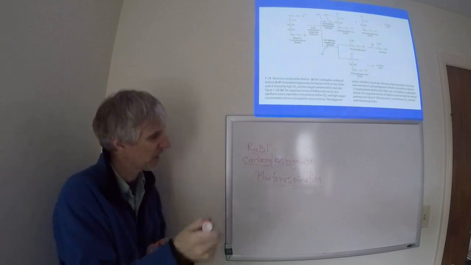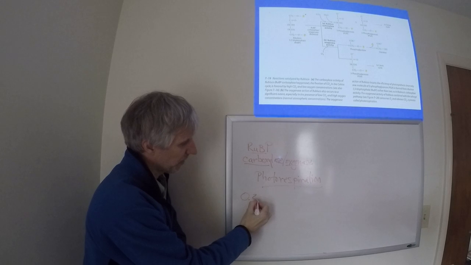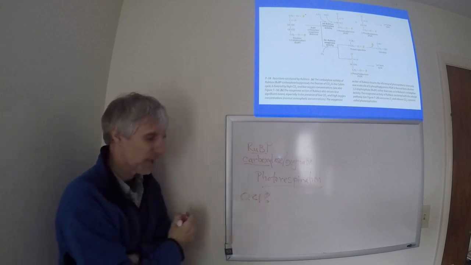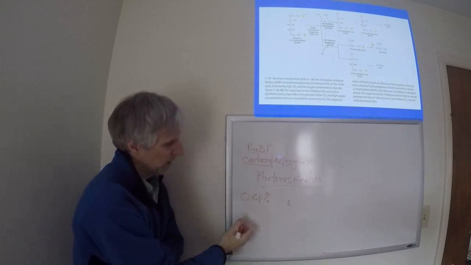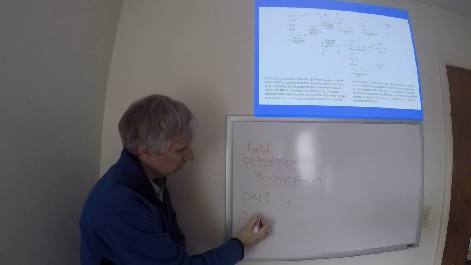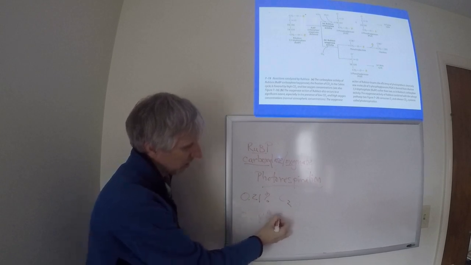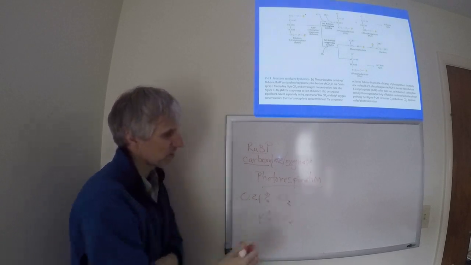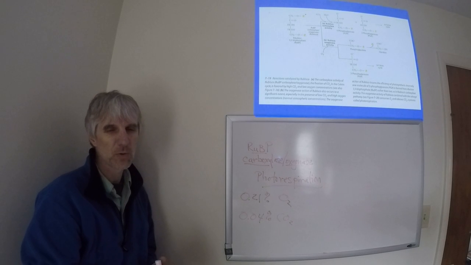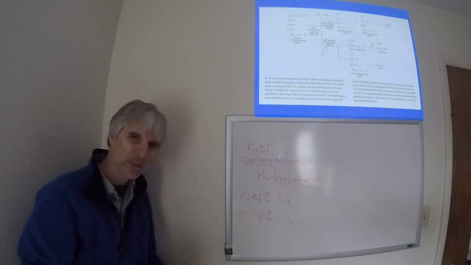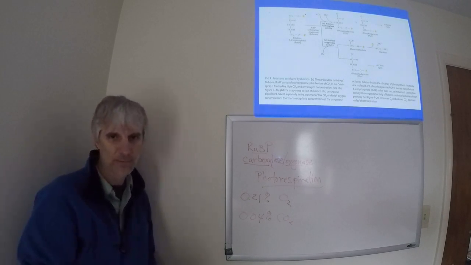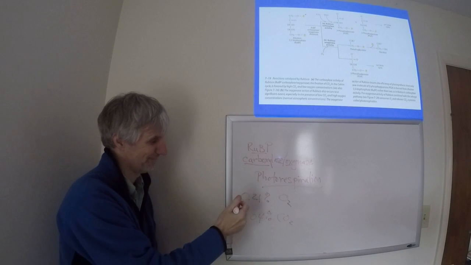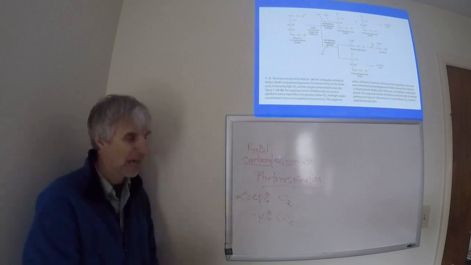And if the percentage of oxygen in the atmosphere is 21%, and the percentage of CO2 in the atmosphere is 0.04%, which molecule is that enzyme Rubisco going to bump into more often? It's going to bump into that one more often.